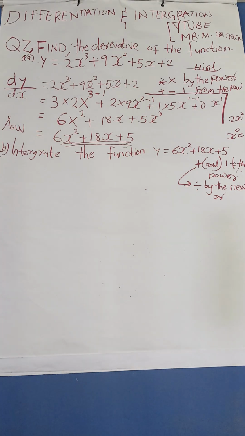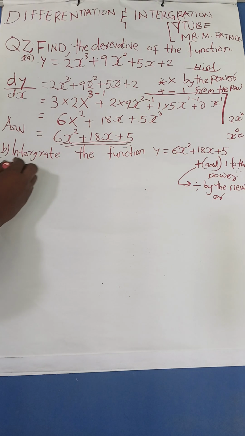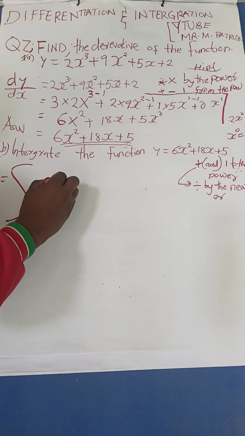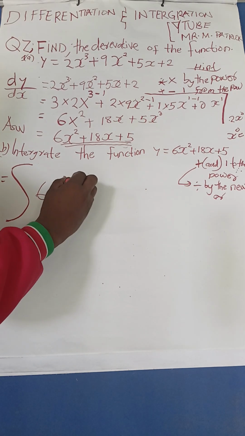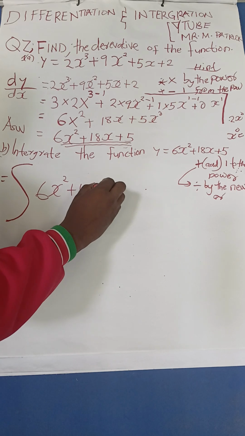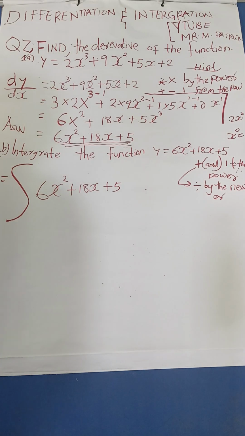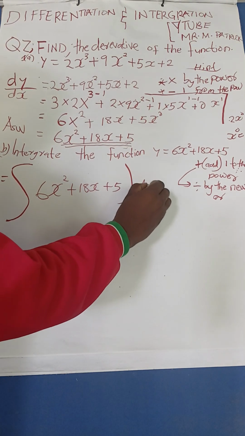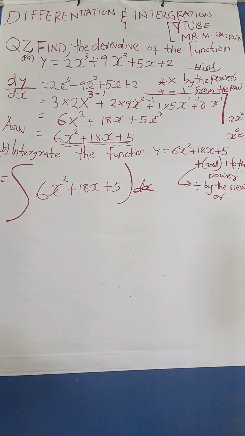Good. Let's see now. We'll always write it this way. We are going to find the integration of 6x squared plus 18x plus 5, close the bracket, dx.